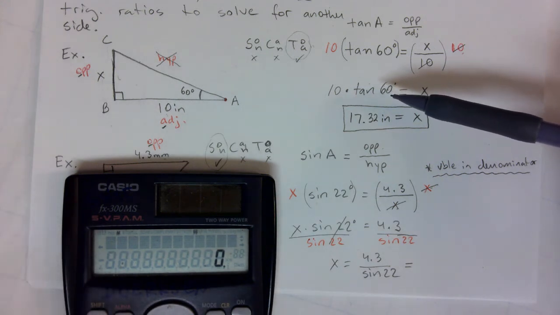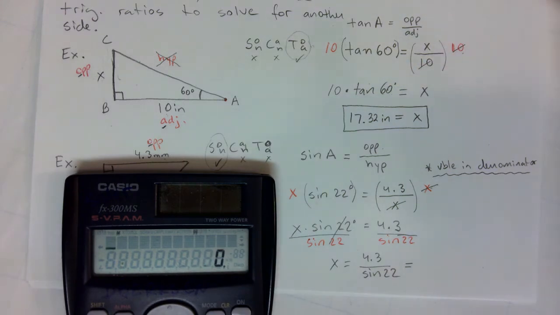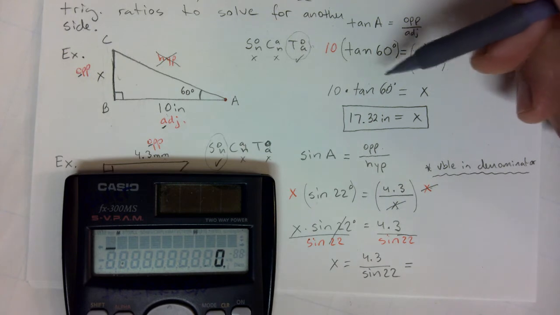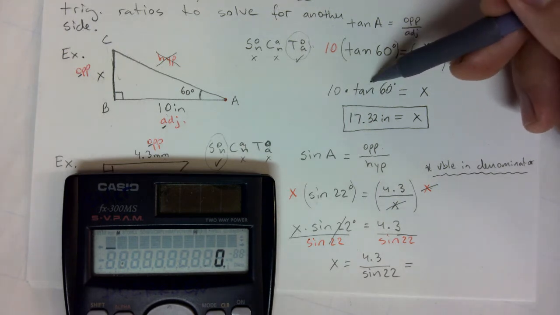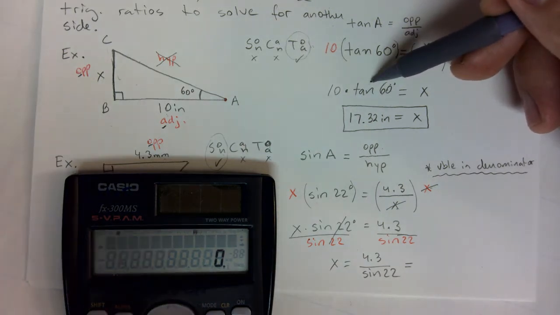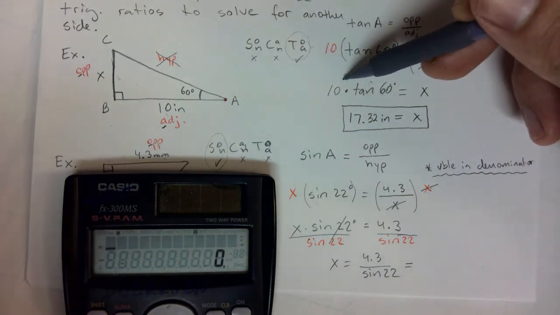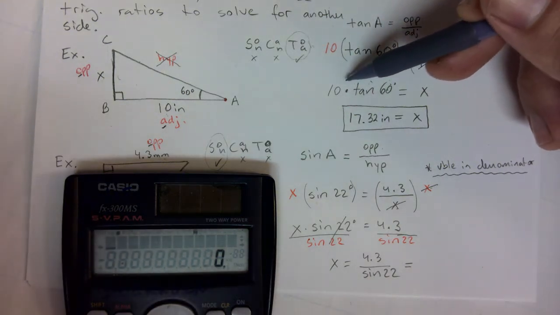But if you don't have one that shows you what you're typing in, you have to go backwards. You have to go 60, press tan, right? Then you're gonna get a value for, it's basically tan of 60, which is 1.732 and keeps going. Then you take that number and multiply it by 10. Like you're literally going backwards.